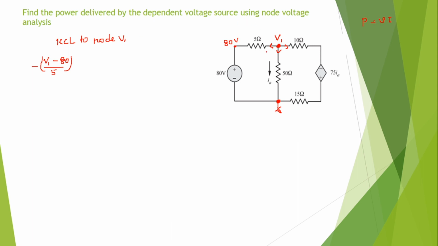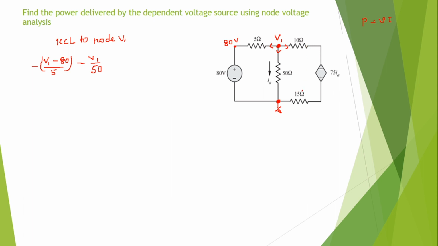Now what is the current flowing through the 50 ohm resistor? It is minus V1 by 50. Now what is the current flowing through this branch?